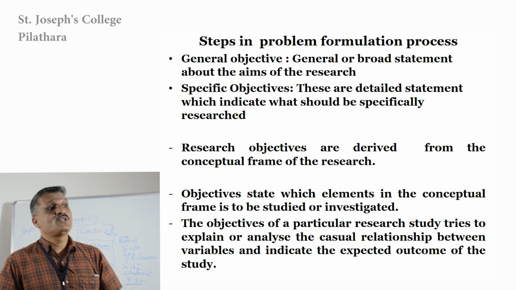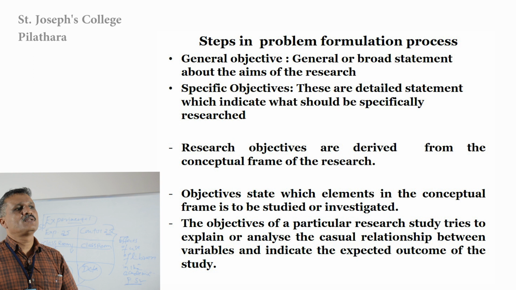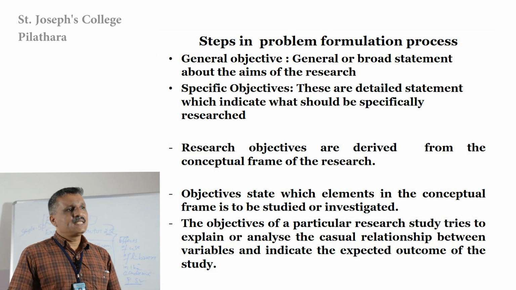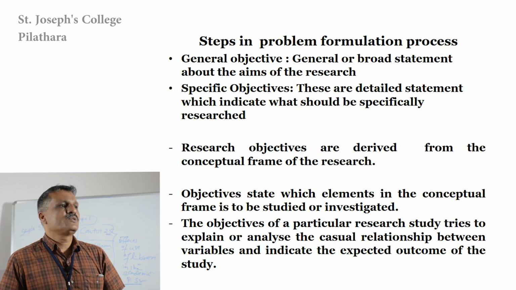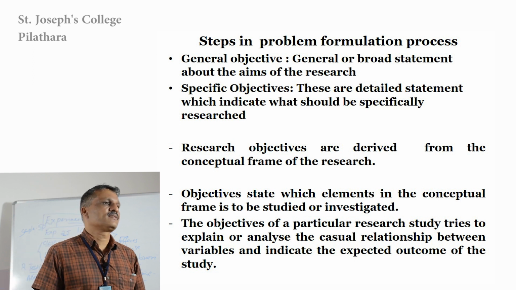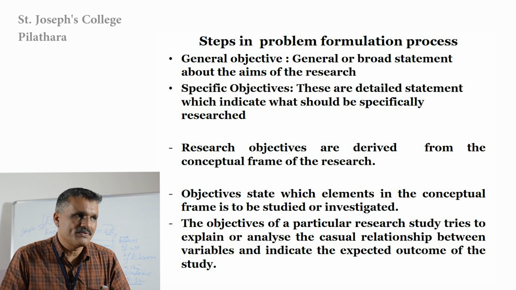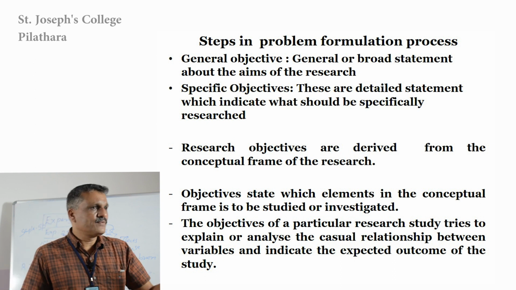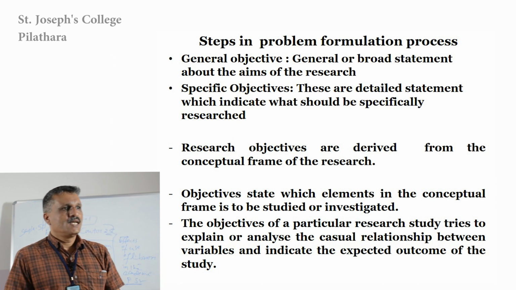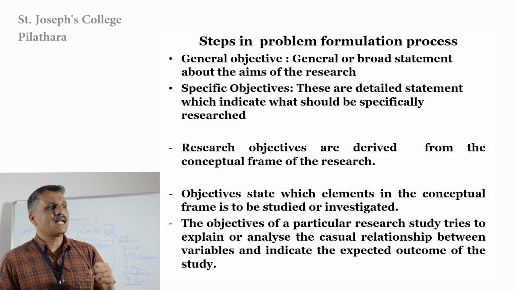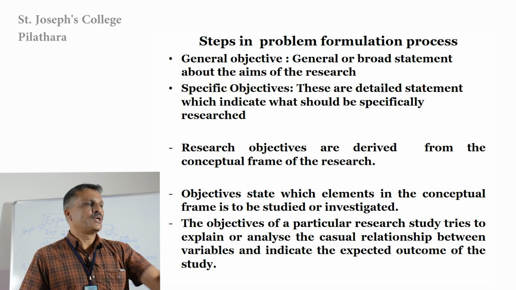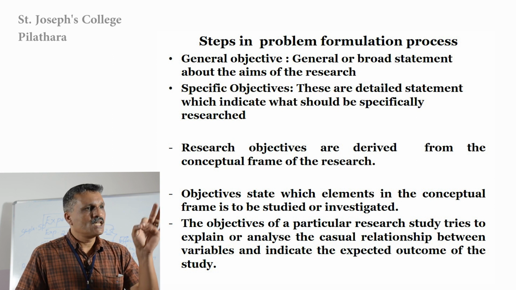And the objective also states which elements in the conceptual framework are to be studied or investigated. So the objectives of a particular research study try to explain or analyze the causal relationship between variables and indicate the expected outcomes of the study. What is expected from the research study? While going through the objective part, a user or reader will get a clear understanding of what is going to be produced by that particular research study.